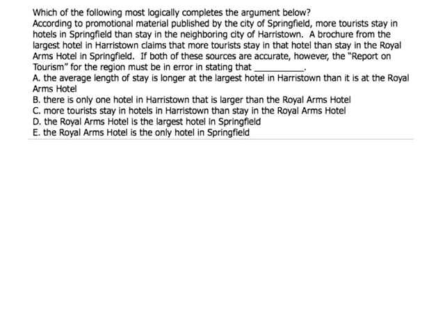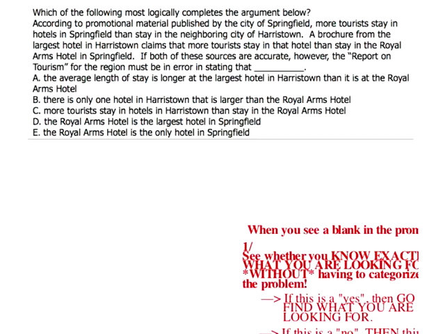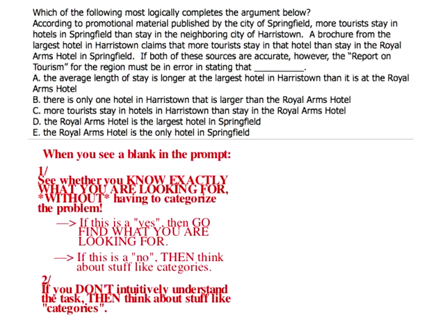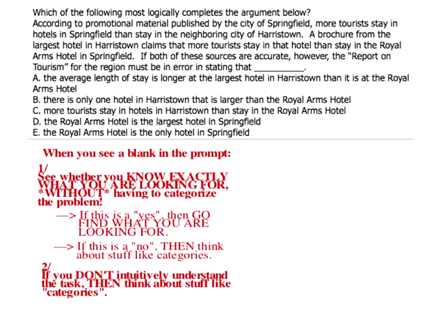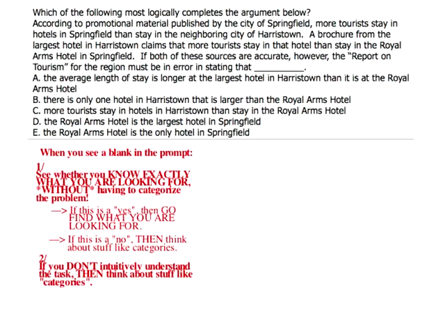Okay, so let me import some of this thought process from the other page. When you see a blank in the prompt, what is the goal? All right, so here's the insight from the other page. When you see a blank in the prompt, the goal is to see whether you know exactly what you are looking for without having to categorize.